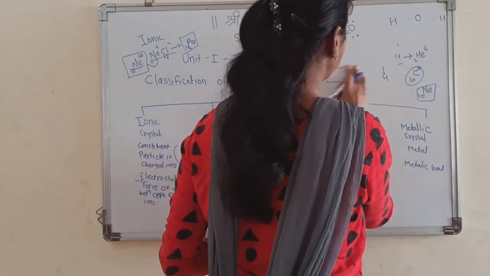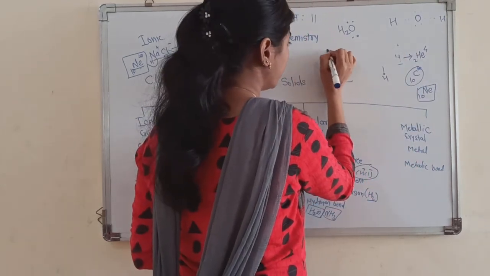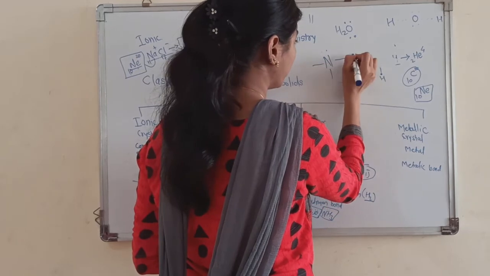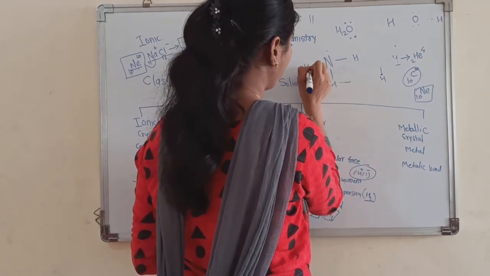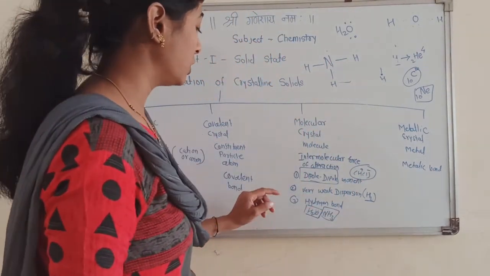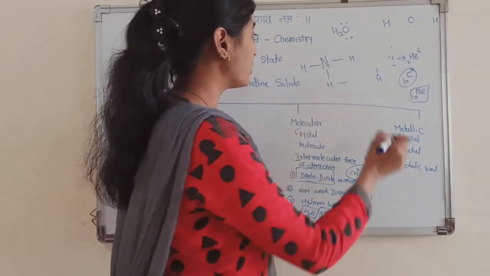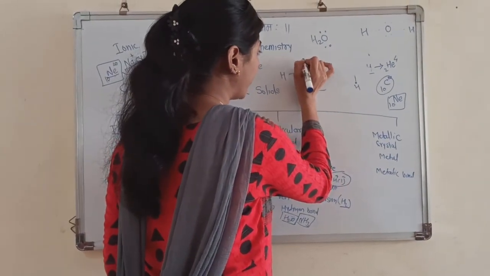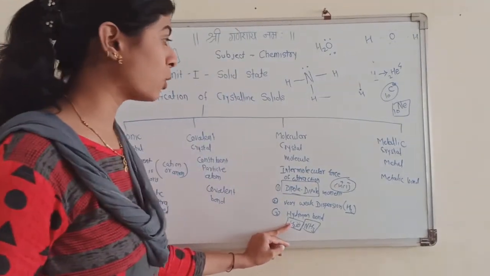Another example, NH3. Nitrogen has a lone pair and forms 3 bonds with hydrogen. Here hydrogen also forms a bond with the lone pair of nitrogen and shows hydrogen bonding.